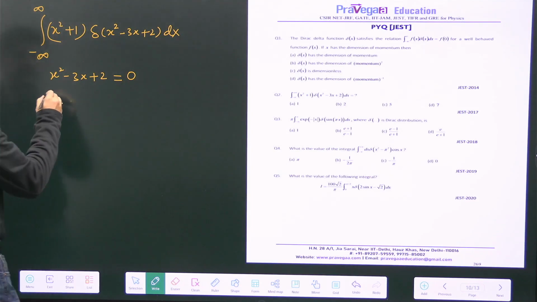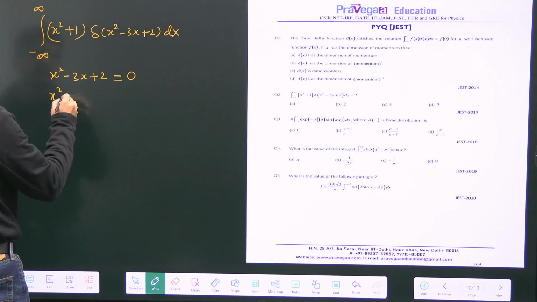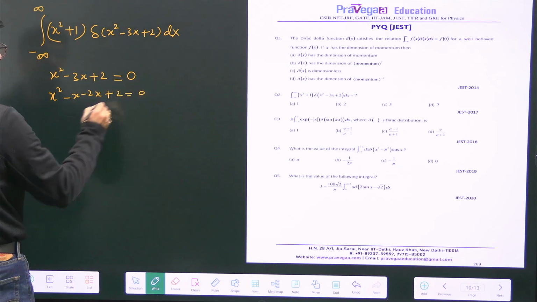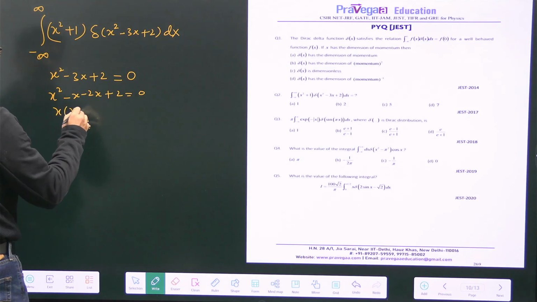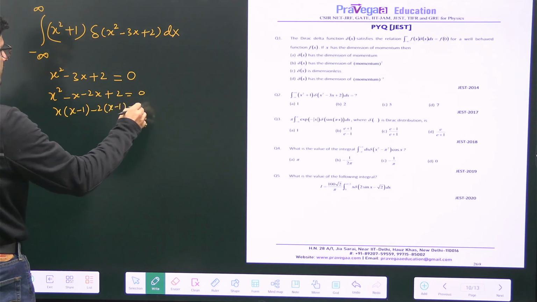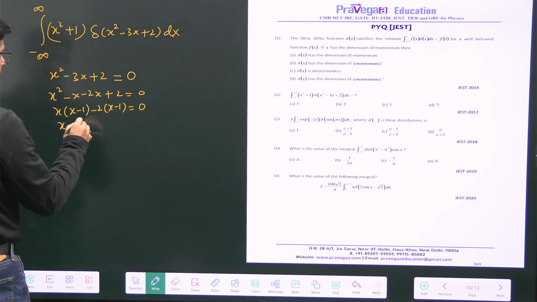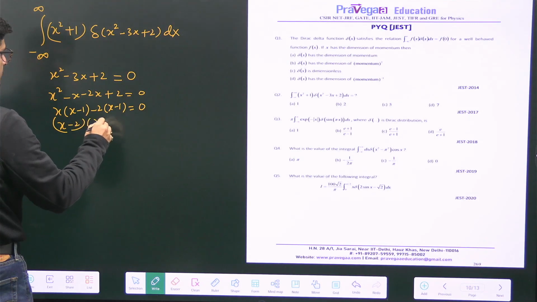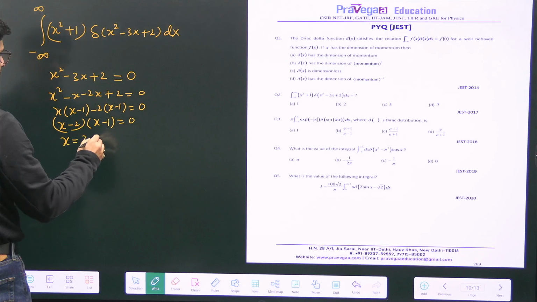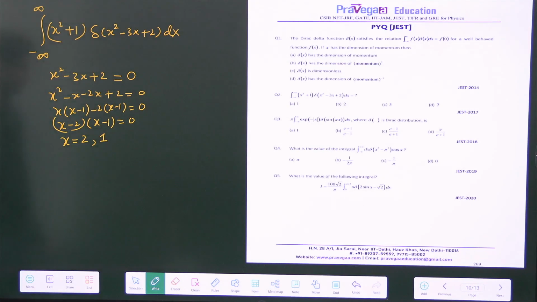So it will become x square minus x minus 2x plus 2 is equal to 0. So x(x minus 1) minus 2(x minus 1) is equal to 0. (x minus 2)(x minus 1) is equal to 0. So x is equal to 2 and 1.